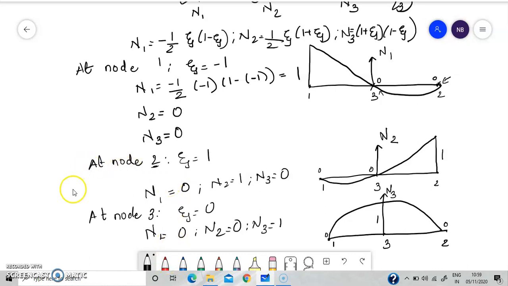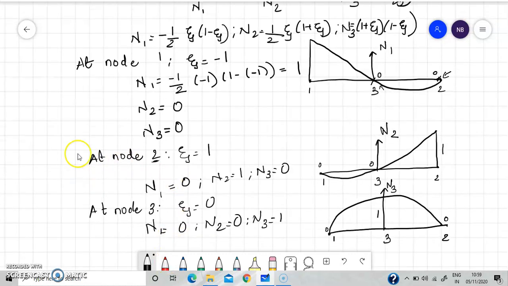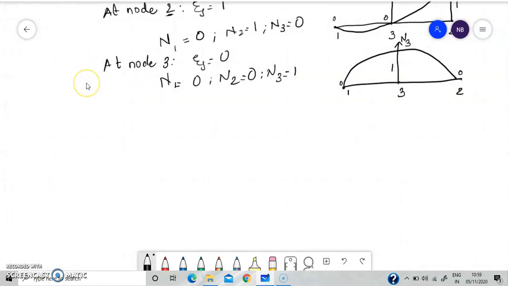Node 3 is called an internal node, and the mapping of the general coordinate system x and the local coordinate system zeta is given by 2 into x minus x3 upon x2 minus x1.